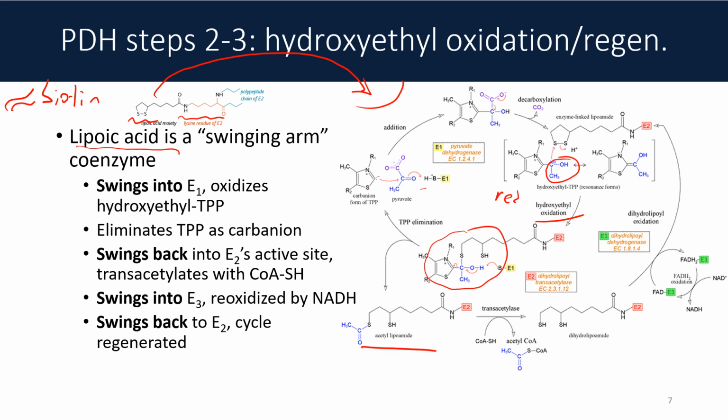The product of this reaction via the transacetylase domain is going to be acetyl-lipoamide, which I'm showing over here. It's like we're wiping off that 2-carbon hydroxyethyl onto the cyclic disulfide.